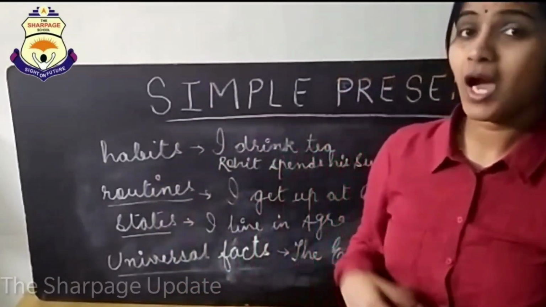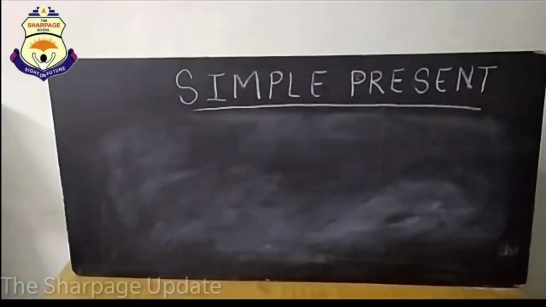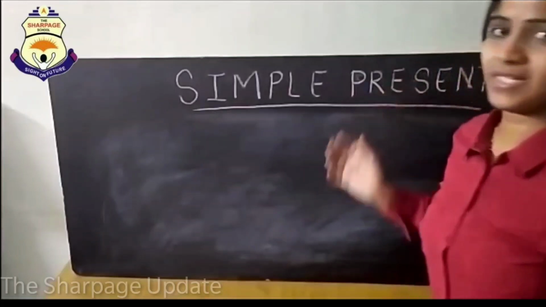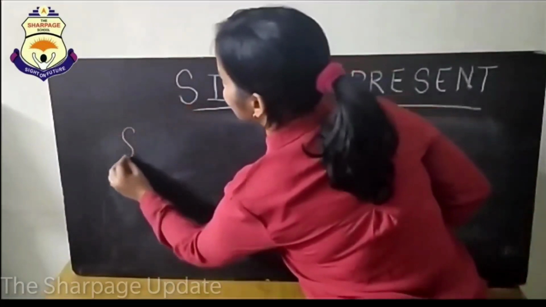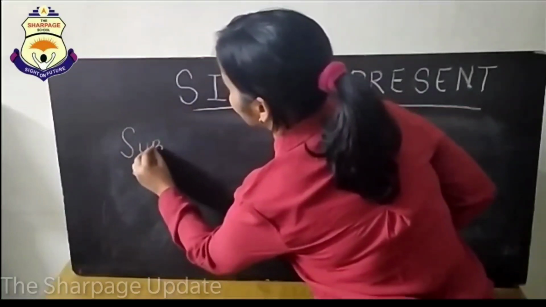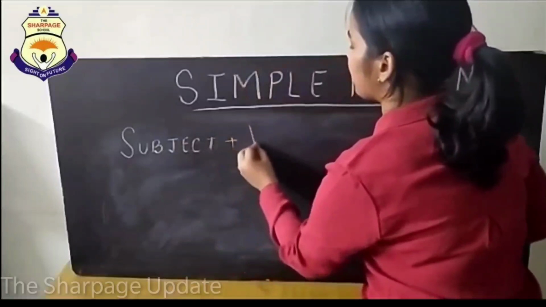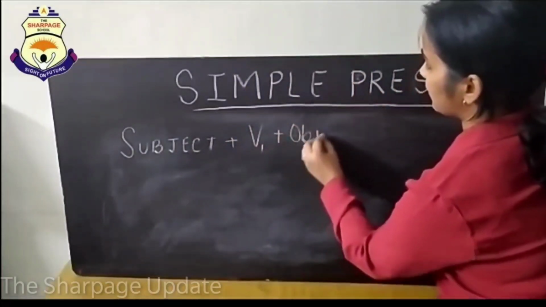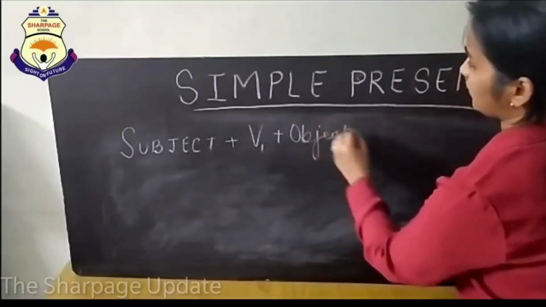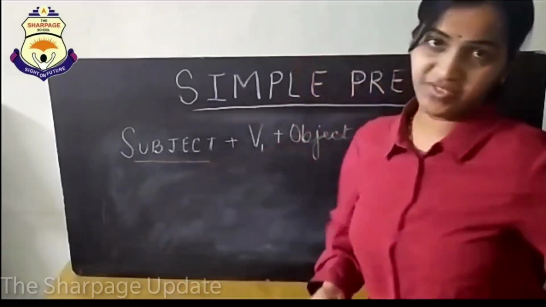Now we will learn how to make sentences in simple present. To make simple present, we have to learn the structure. So this is the structure. First subject, then first form of the verb, then object. Now you must be thinking, what are subjects?